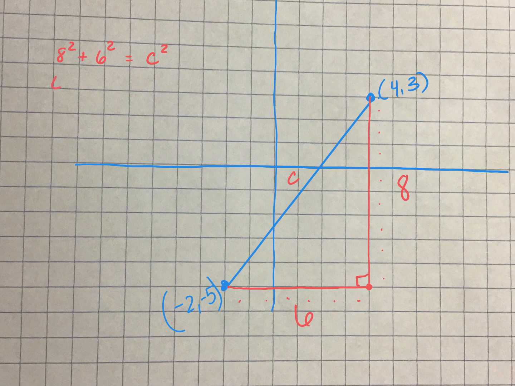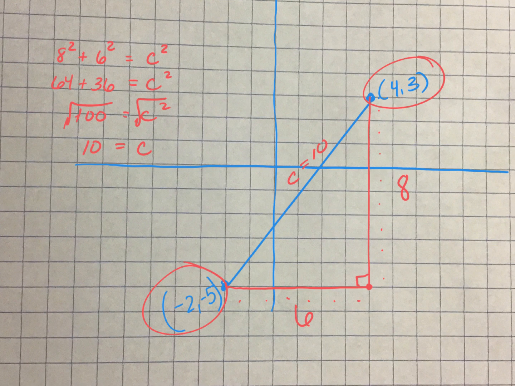And so now we get 64 plus 36 equals C squared, and that's 100 equals C squared. And to leave the C alone, you have to square root both sides. So 10 would be equal to C. You will get decimals, and they want decimals to one decimal place, like Delta Math, okay? But this one is a whole number, so C is 10. The distance between these 2 points is 10.